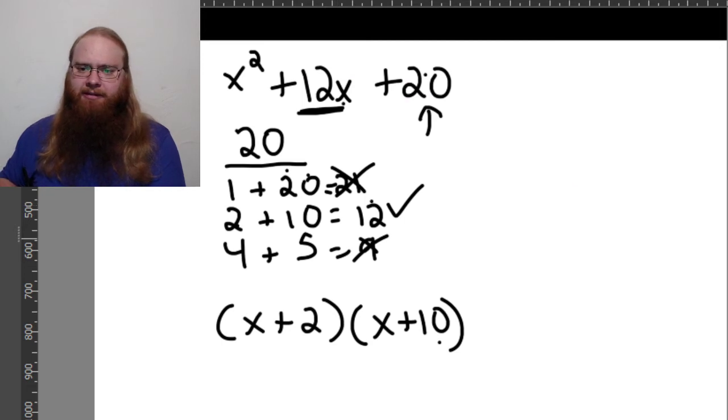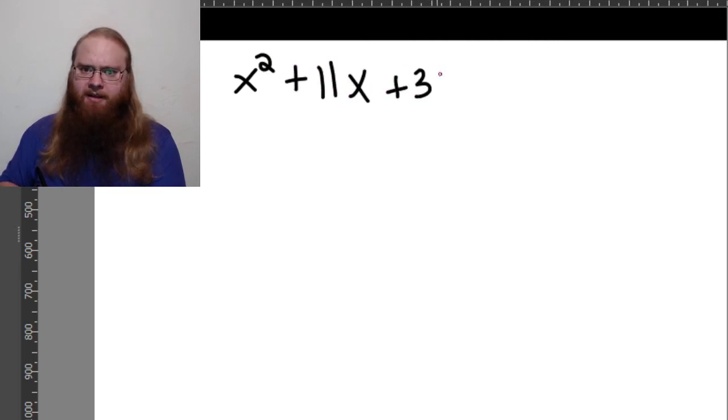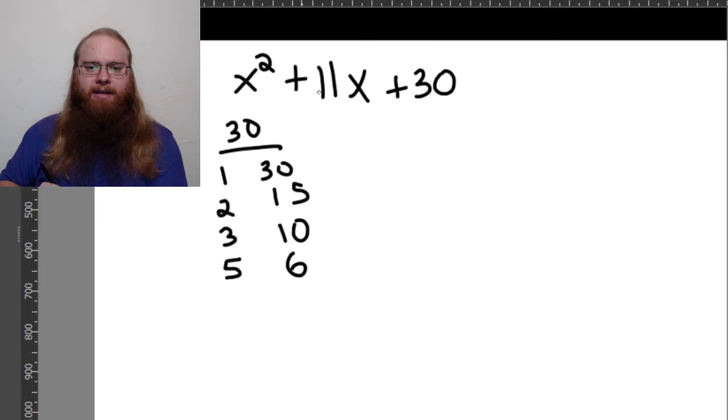Let's go ahead and do another one of these. Let's do x squared plus 11x plus 30. So we need to find what numbers multiply to get 30. Well, we get 1 and 30, 2 and 15, 3 and 10, 4 doesn't go into 30, but 5 does, 5 and 6. Now we need to add those numbers to see if we can get that middle number 11.